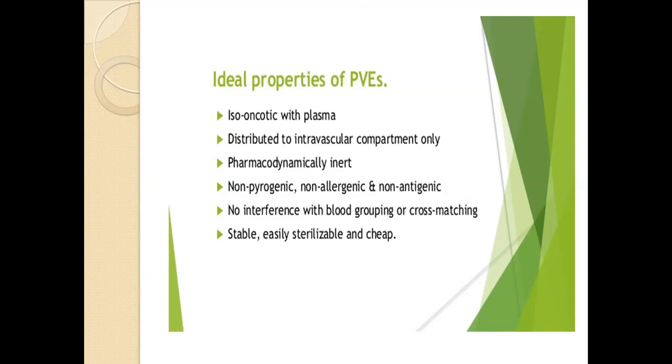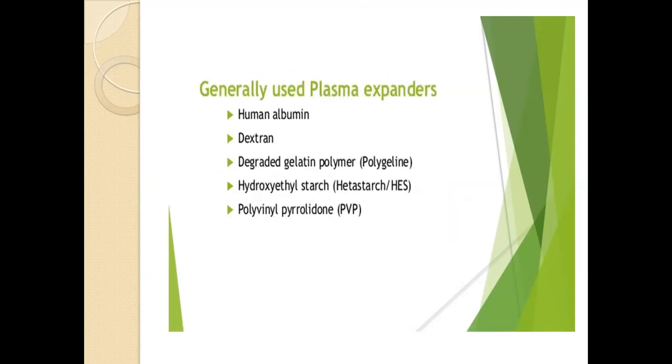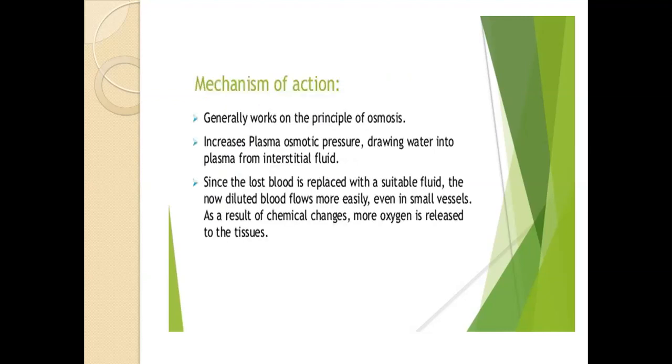It should be stable, easily sterilizable, and cheap. The generally used plasma expanders are human albumin, dextran, degraded gelatin polymer, hydroxyethyl starch and polyvinyl pyrrolidone.